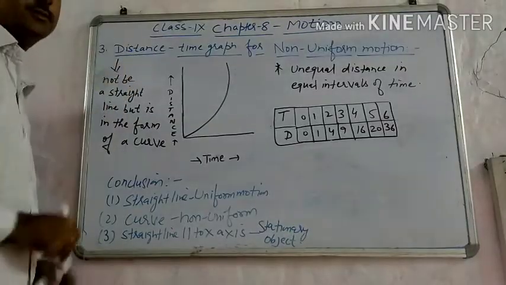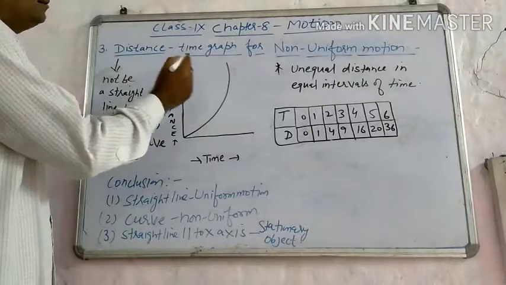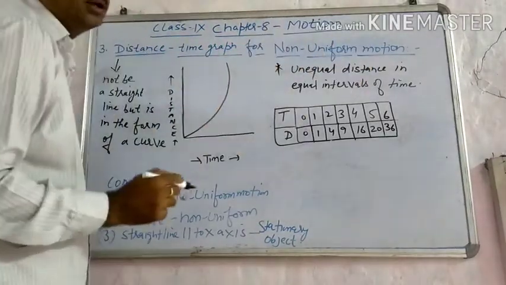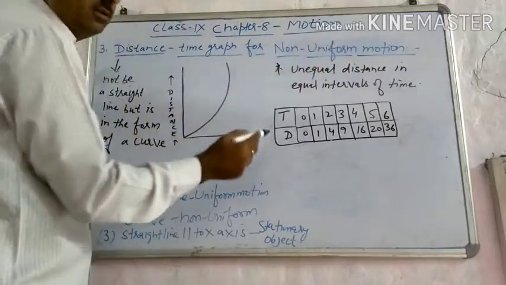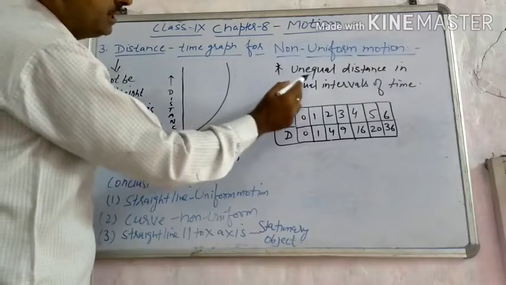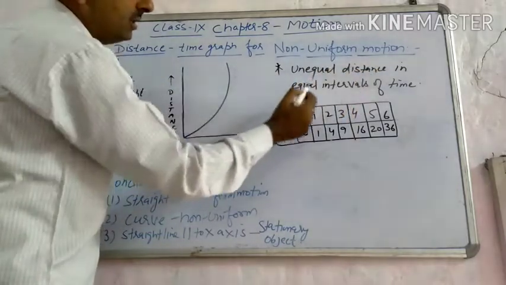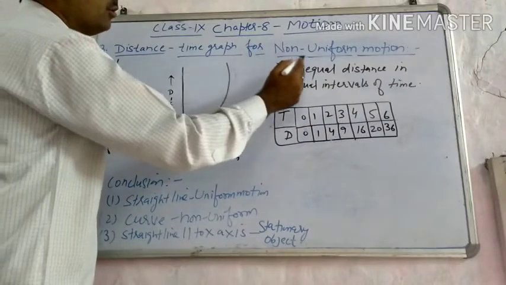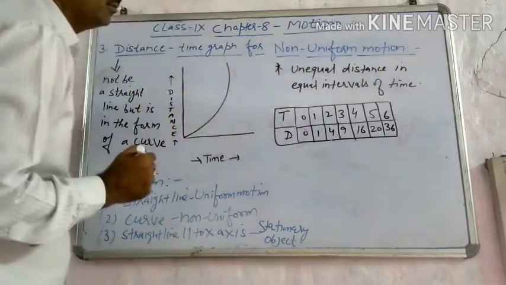Now the third case, students, distance-time graph for non-uniform motion. Now what is non-uniform motion? When an object covers unequal distance in equal intervals of time, then it is said to have non-uniform motion.